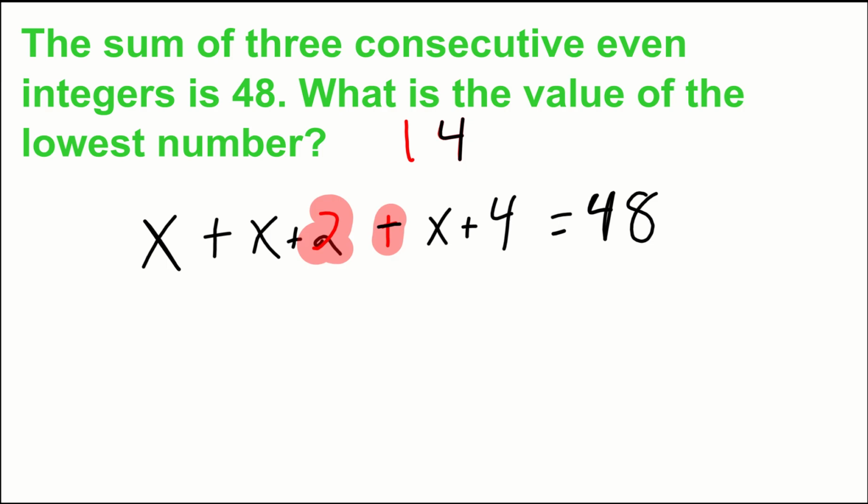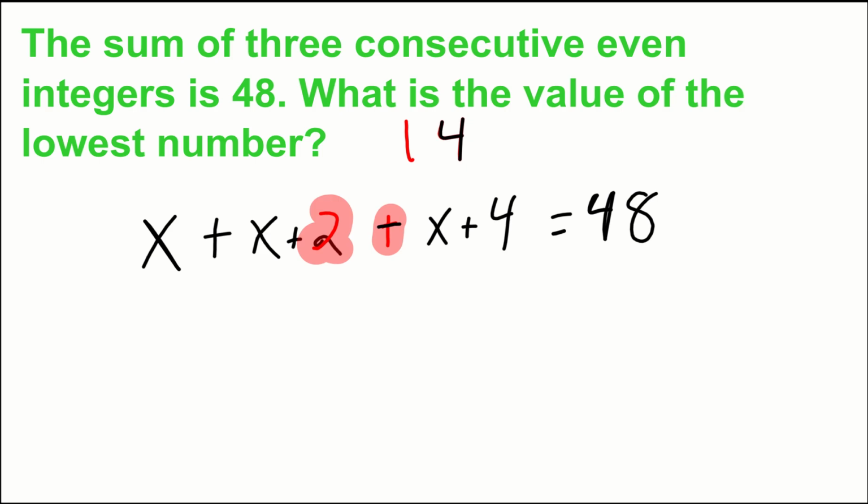There are a couple different ways you could write that equation, depending on where you wanted to make x. But basically you end up with 3x plus 6 equals 48. So you subtract 6, that gives you 42. Divide by 3, that gives you 14. All right, so that's one way to do this.